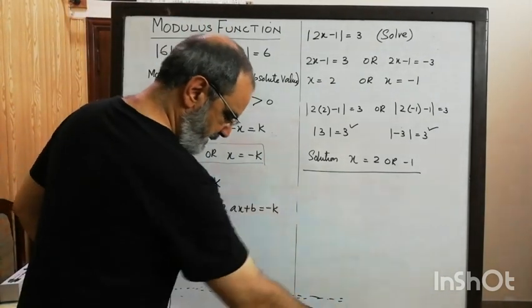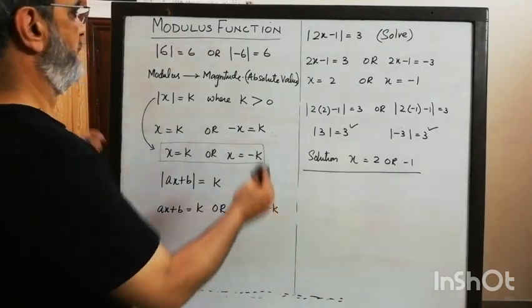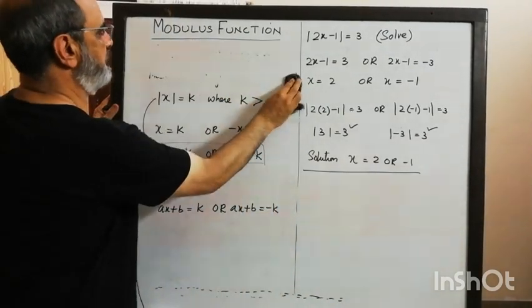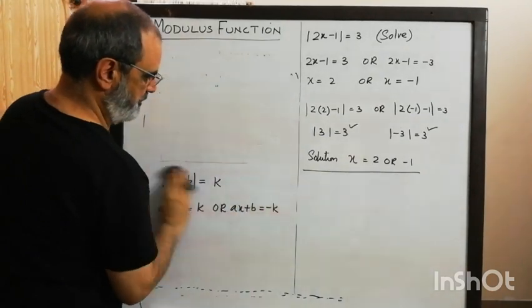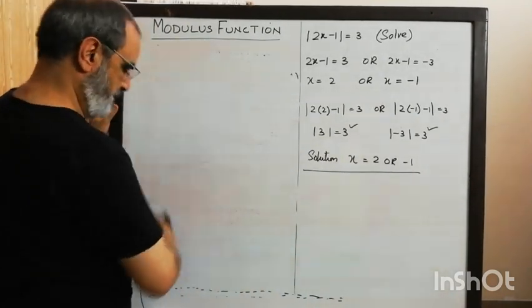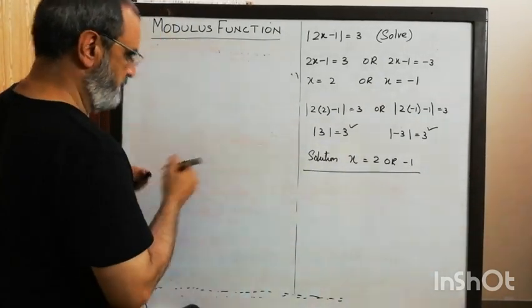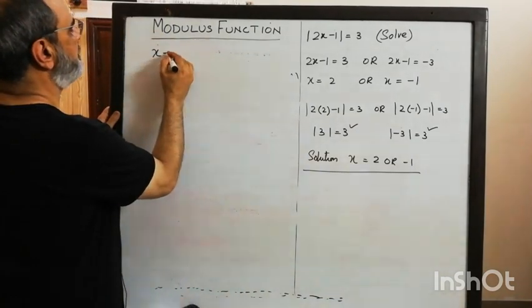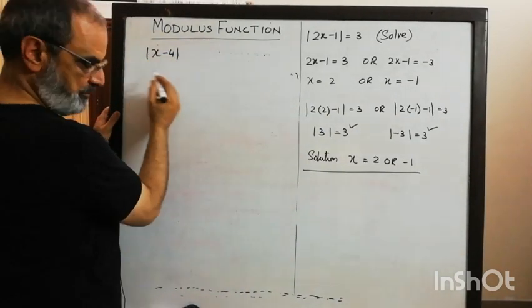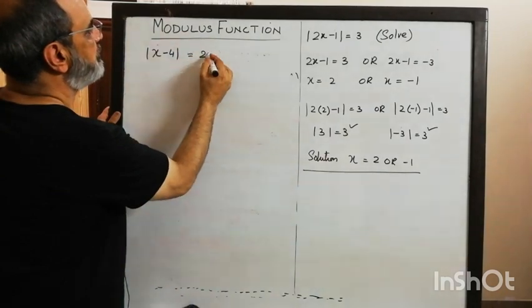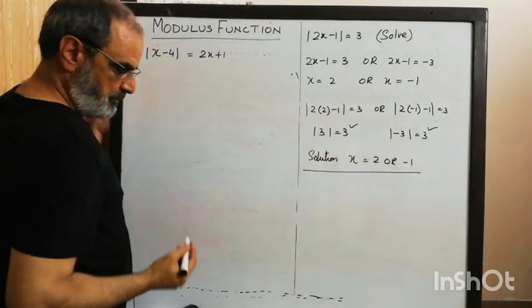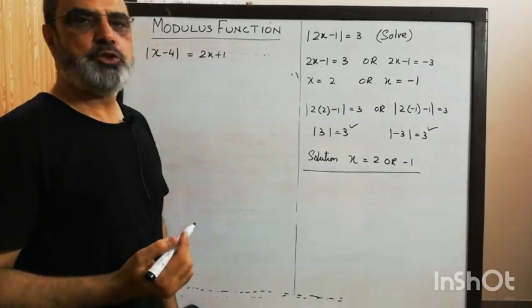Let's try another example. Modulus of x minus 4 is equal to 2x plus 1.